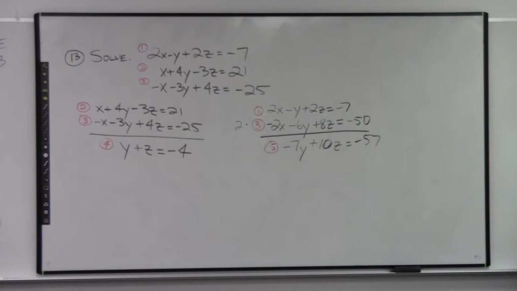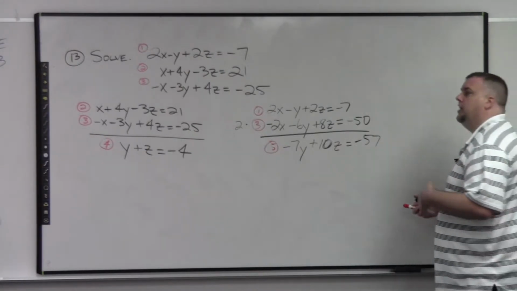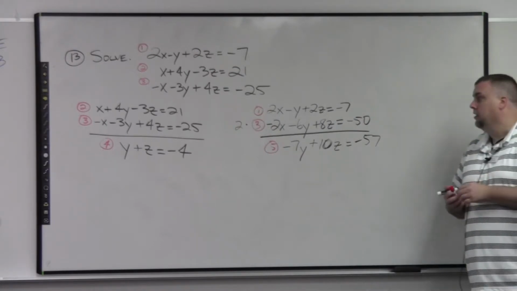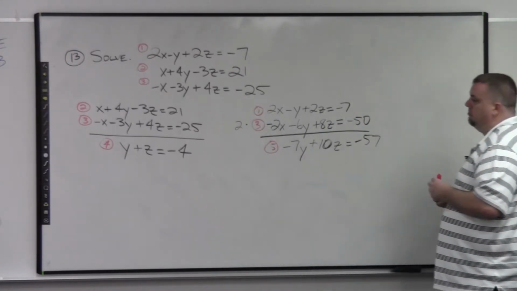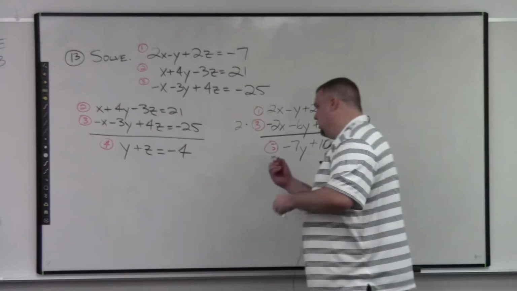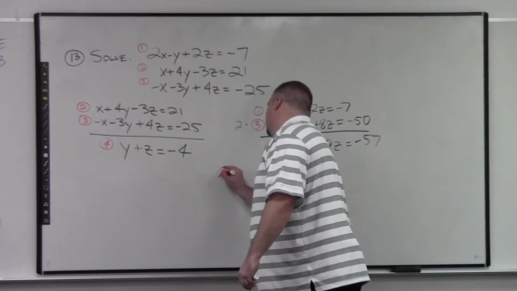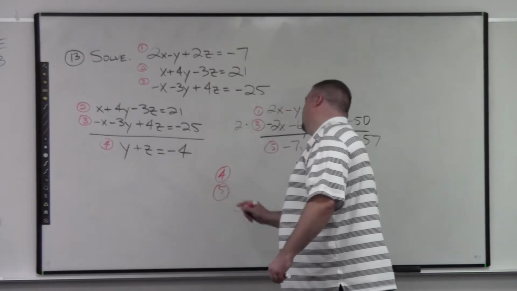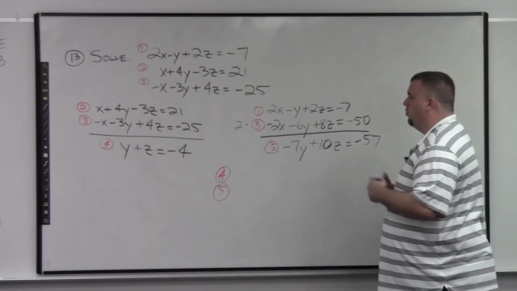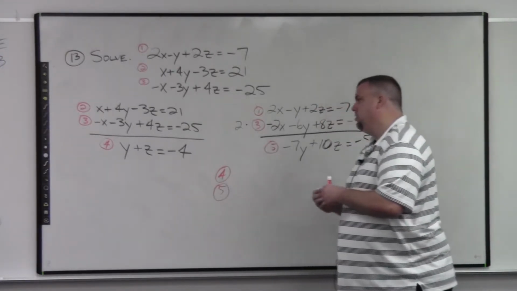What we now want to do is look at equation 4 and 5 and see if we can't eliminate one of those letters. So any ideas on what would be an easy one to solve there? Yeah, it looks like either one of them will work. So let's look at equation 4 and equation 5. If I wanted to eliminate y, what would I need to do?